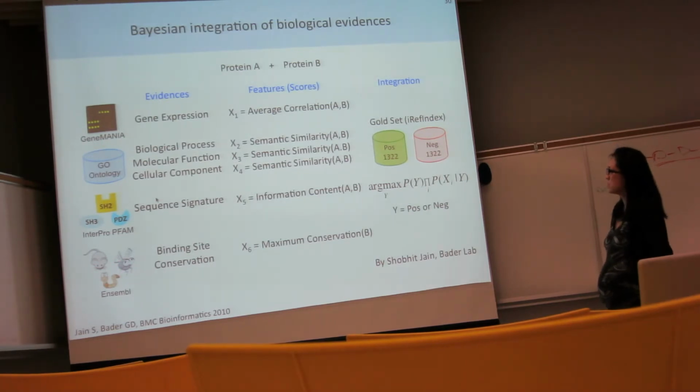And so these features are integrated by computing the probability of seeing these features in a positive gold interaction set or a negative gold interaction set.